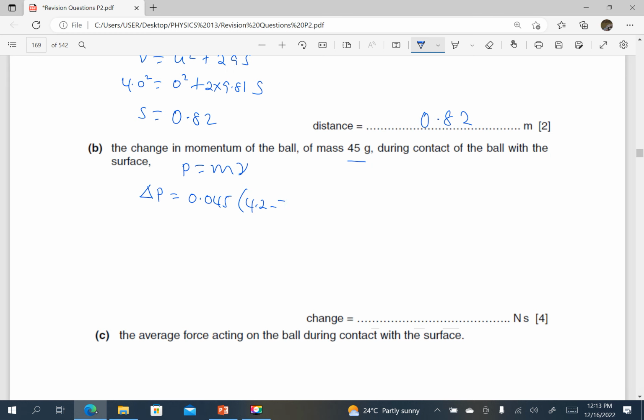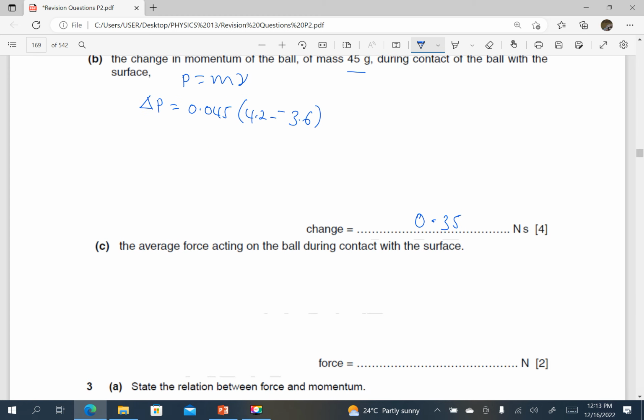From my calculator, the change in momentum is 0.35.